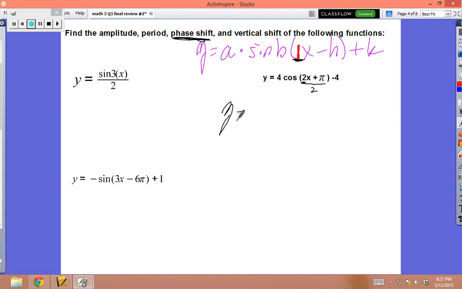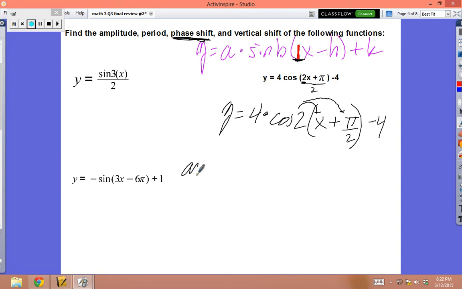So I need to rewrite it and look at it as y equals 4 times the cosine of 2 parentheses x plus pi divided by 2 minus 4. Okay, so if I distribute the 2, 2 times x is 2x, and 2 times pi divided by 2, the 2 and divide by 2 cancel out and leaves me with just pi.